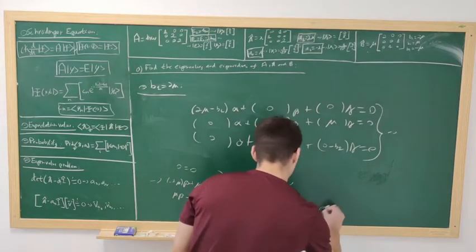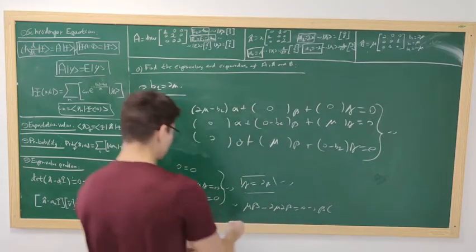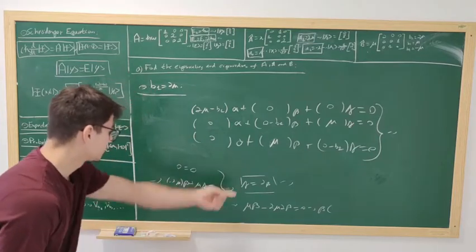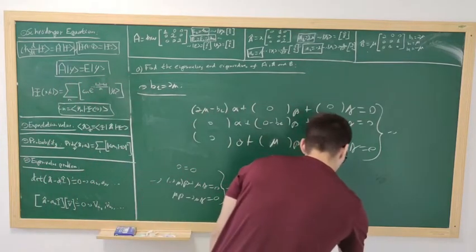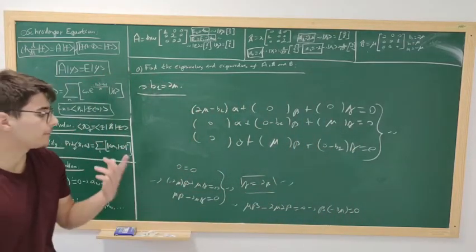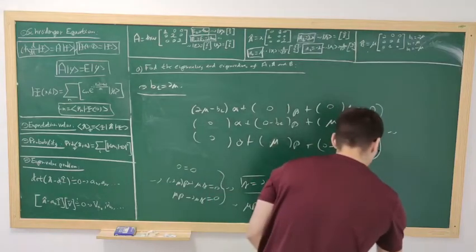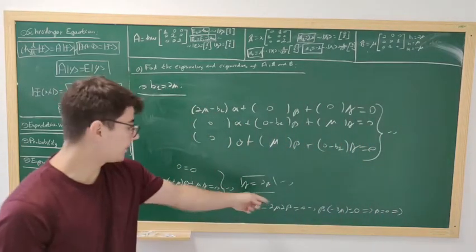And this just means that 2 beta times minus 3 mu is equal to 0. So this will only hold if beta is 0, and this in turn implies that gamma is also 0.